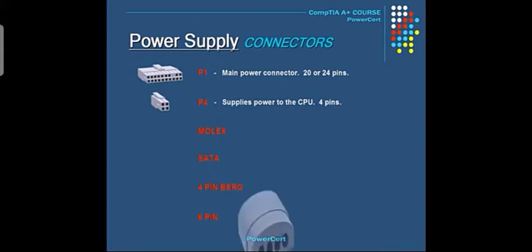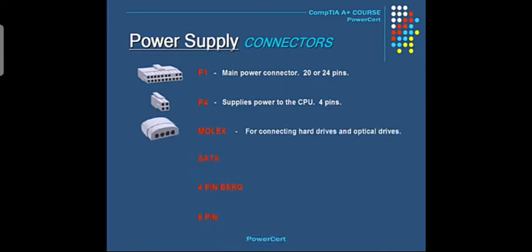Another connector is called Molex. The Molex connector is a 4-pin connector that connects disk drives such as hard drives and CD and DVD-ROM drives. There is also a serial ATA connector. This is a 15-pin connector, and this is used to connect disk drives that have a serial ATA power plug.